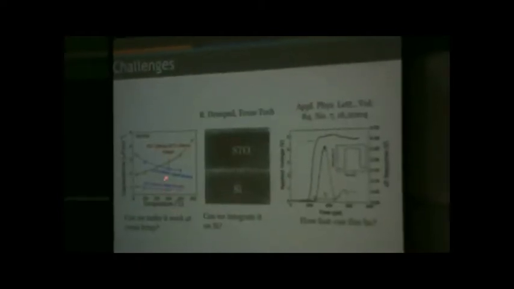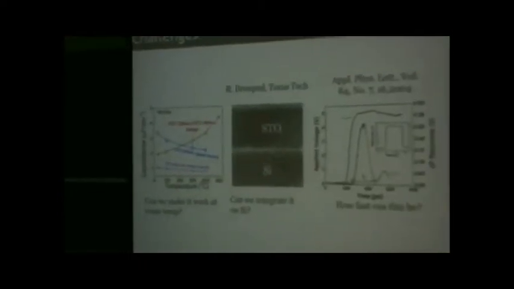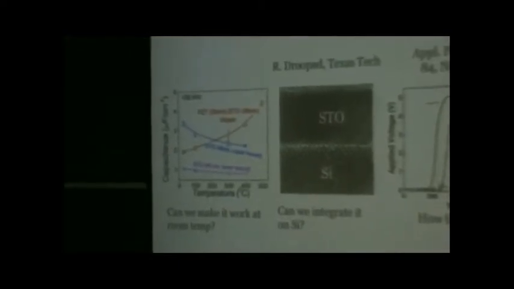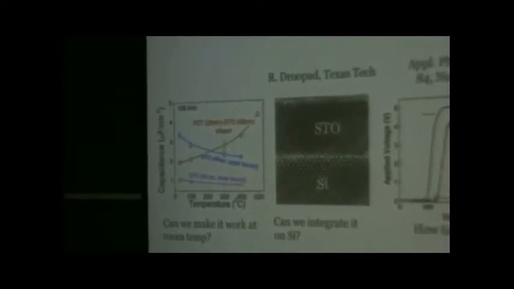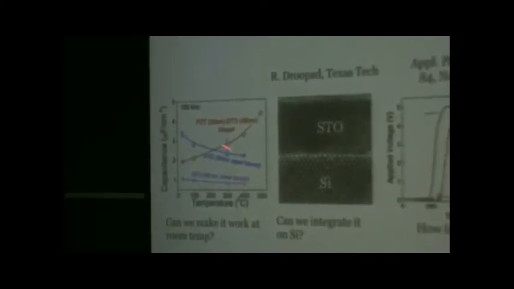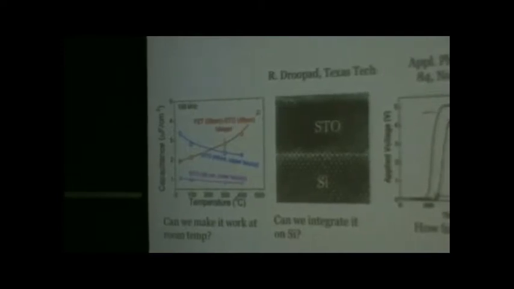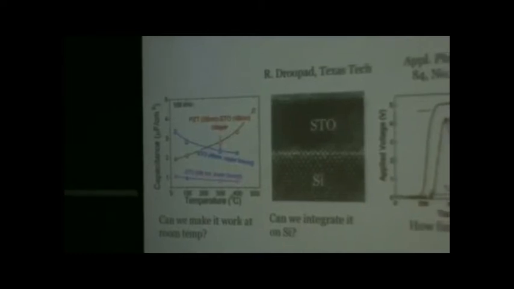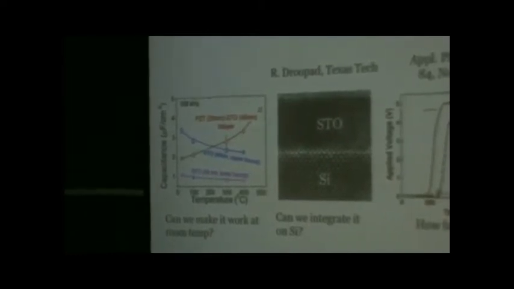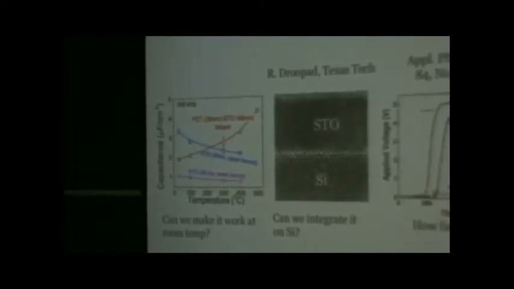What I have shown is that in my group we were able to make these capacitors, where you put 2 capacitors in series and the total capacitance goes up rather than going down. We were initially able to do it just at a high temperature. Now we can do it at room temperature. So that's an improvement, and people are starting to see some negative capacitance effect in transistors.